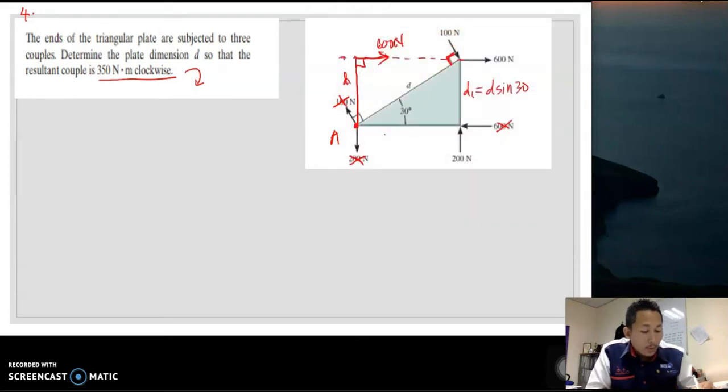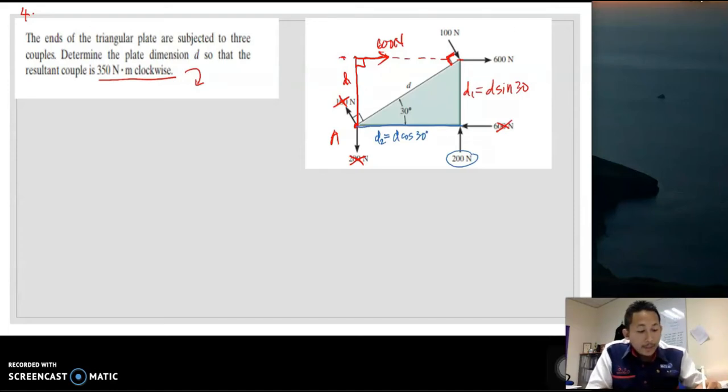The last one is our 200 Newton force. This is 200 Newton, and this is our D. So D2 for 200 Newton is equal to D cosine 30.